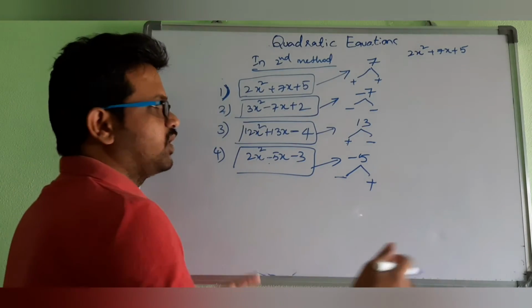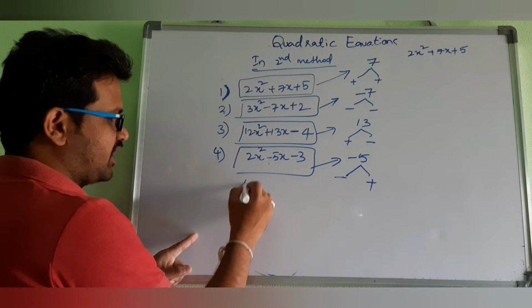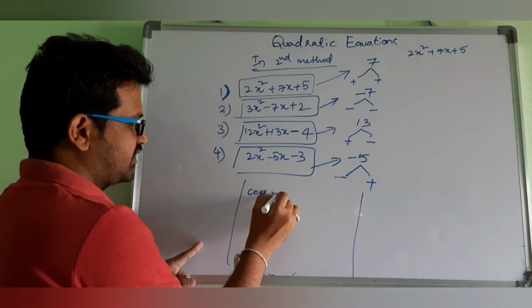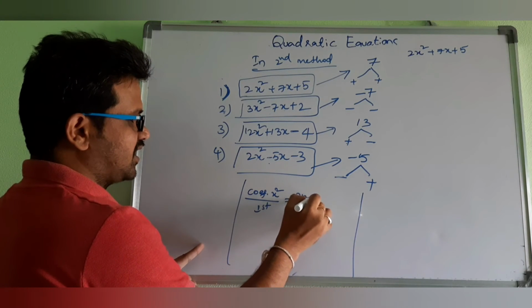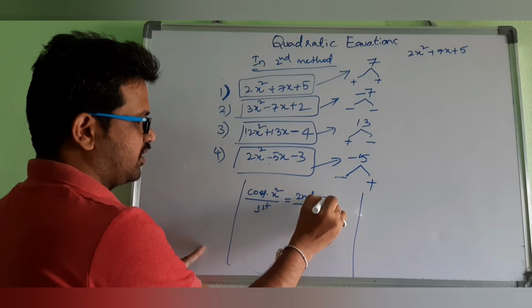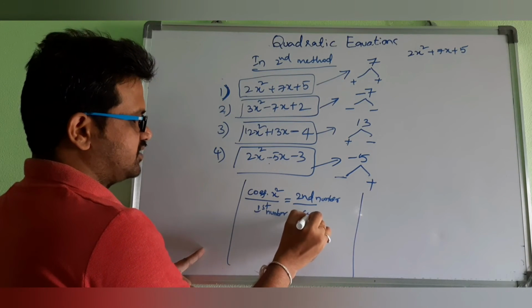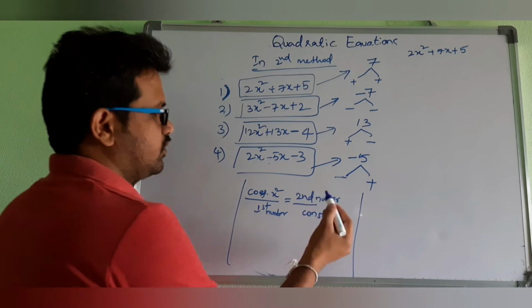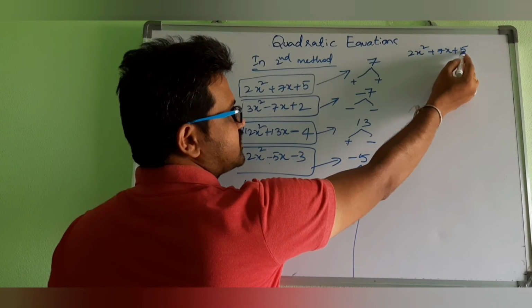As usual, that ratio I am writing here: coefficient of x square divided by first number is equal to second number divided by constant. The coefficient of x square is 2 here, and plus 7 and plus 5.